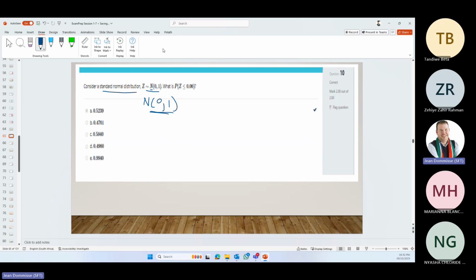And when they ask us, what is the probability that Z is smaller or equal to 0.06? So we can look just quickly at the table. They're asking us probability smaller or equal to 0.06, so it's just a bit bigger than 0. So we want to know what is that probability.